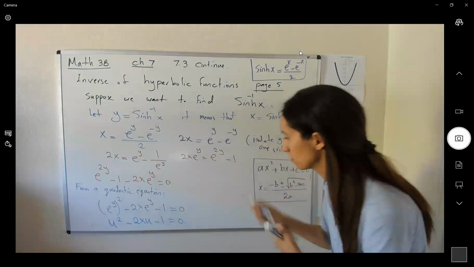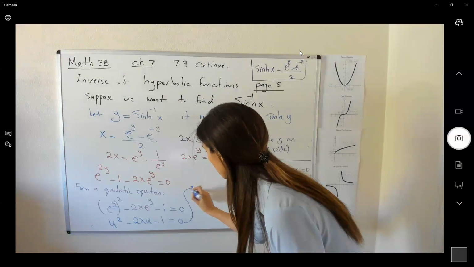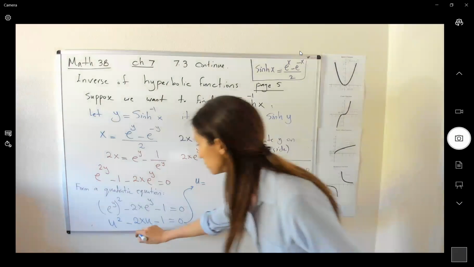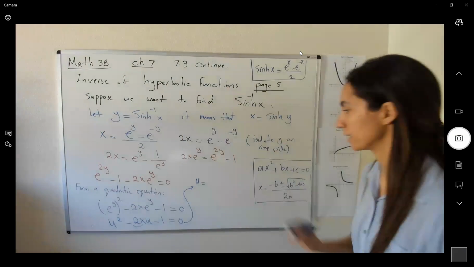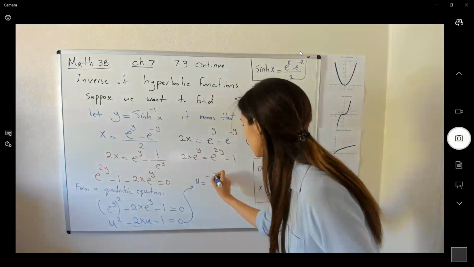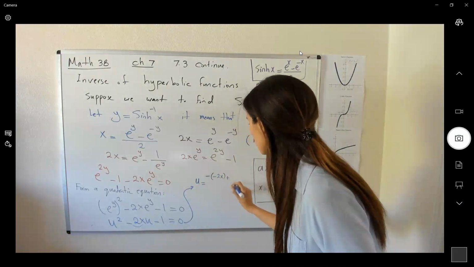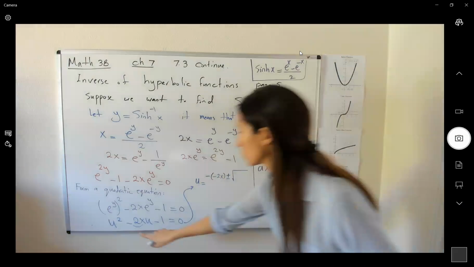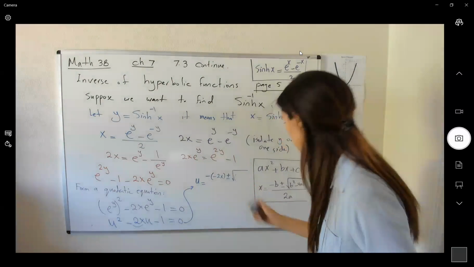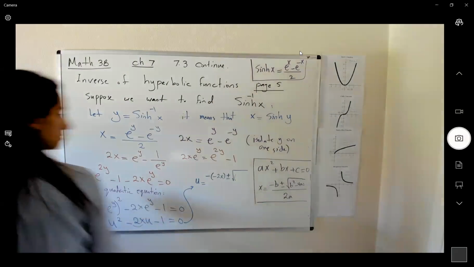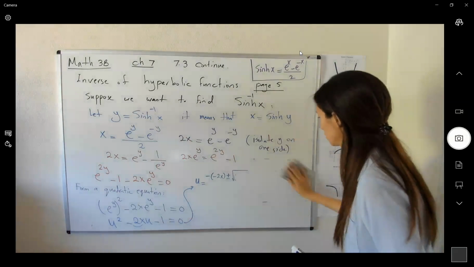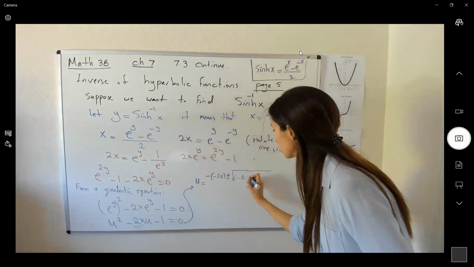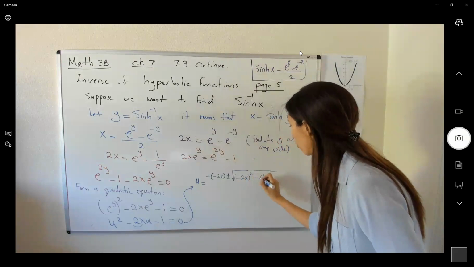Okay, perfect. So, my u is equal to negative b. What is b? b is negative 2x. So, I have negative 2x plus minus square root of b squared, negative 2x squared minus 4ac.